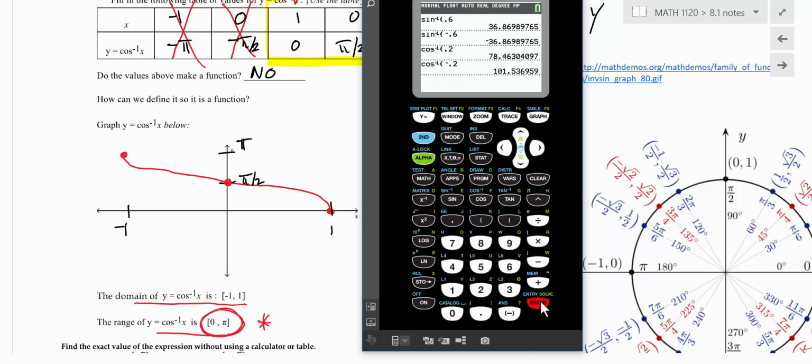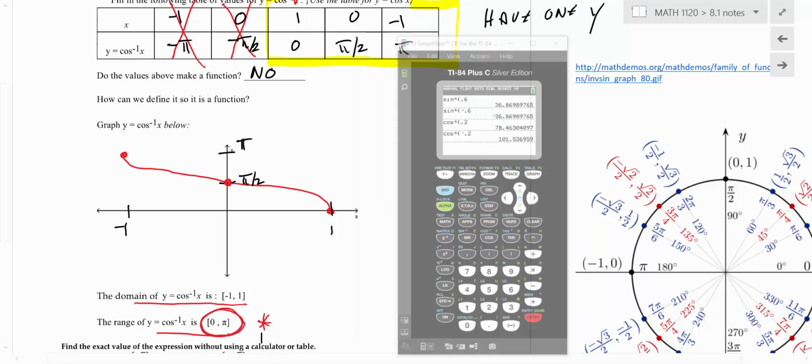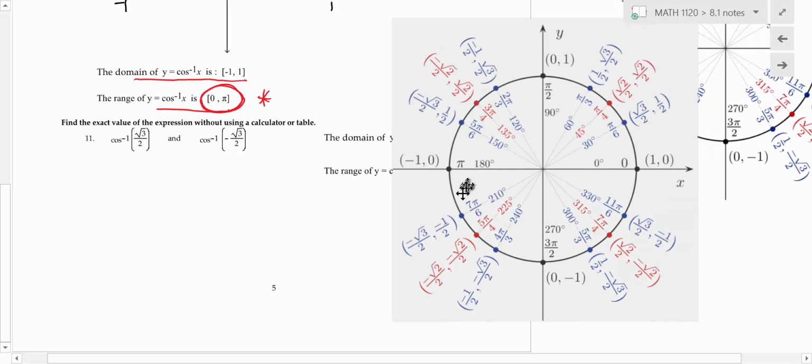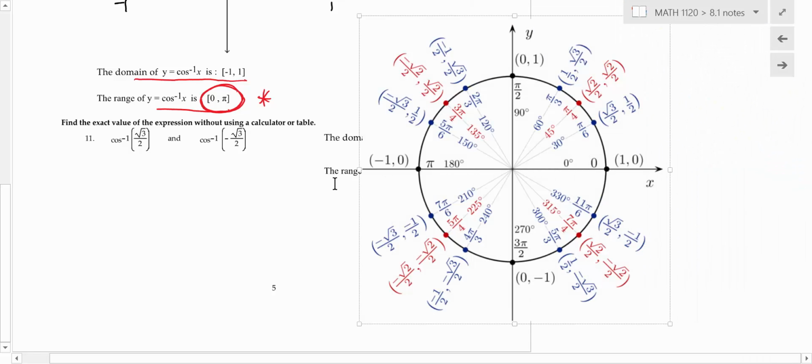What's going to happen on inverse cosines is the inverse cosine of a positive is going to give you a quadrant 1 angle, whereas the inverse cosine of a negative is going to give you quadrant 2. Why is that? Because the range of the inverse cosine is 0 to pi. Does that make any sense? Okay, you got to pay attention to these ranges when you're working these problems out. This is not difficult, but if you don't pay attention to the range, you aren't going to do this very well. Okay, so let's do a couple of these with the cosine.